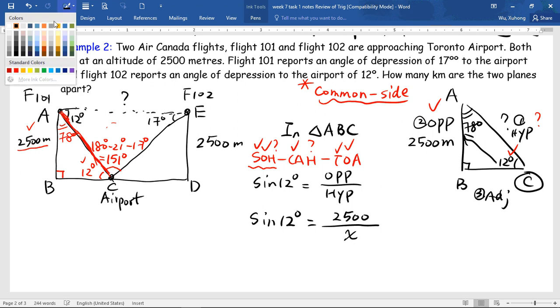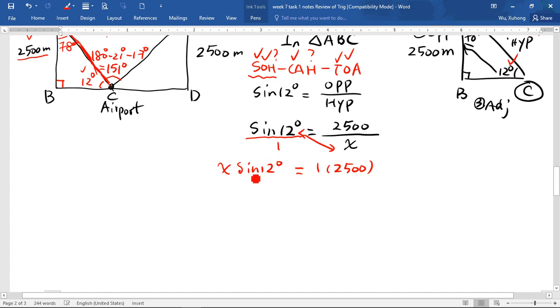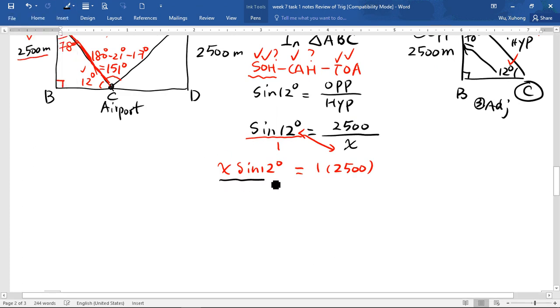This one is divided by 1, then x times sine 12 degrees equals 1 times 2500. In order to solve for x, we move the sine 12 to the other side by doing the opposite operation.